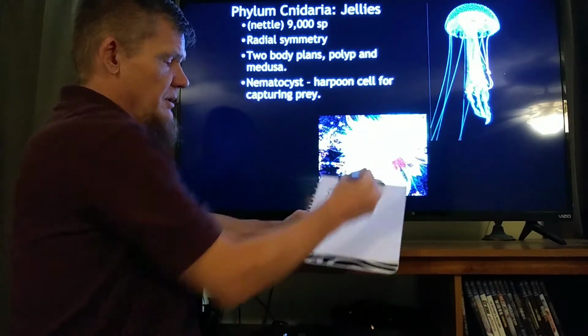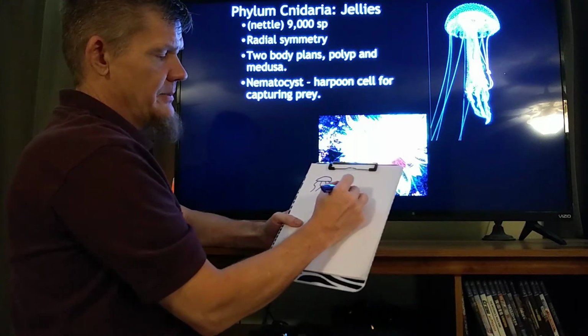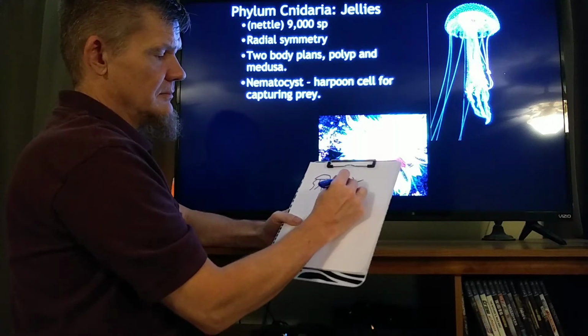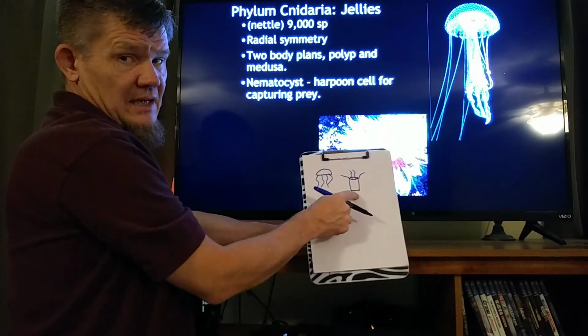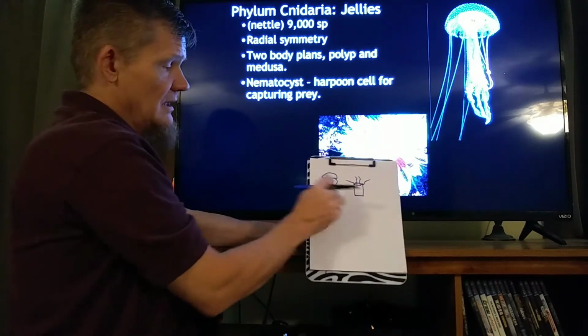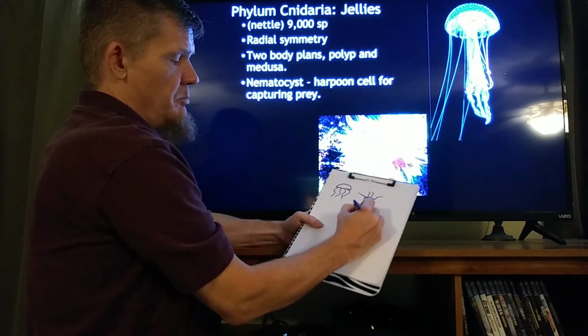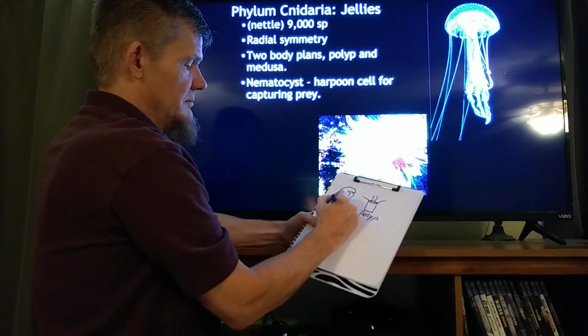The polyp is really just the medusa upside down. I take the umbrella, put it upside down and stretch it a little bit, and now the tentacles are hanging out the top. This is the polyp, and this is the medusa.